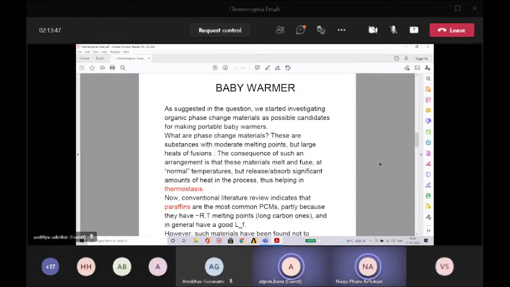One last question for you. Now you considered that most of the heat is being dissipated by the baby here, correct? Dissipated or absorbed depends on whether hypothermia or hyperthermia. That's fine. Now, do you think it's mostly the baby that's going to lead to the losses of the heat, or heat being either absorbed or released by the phase change material?